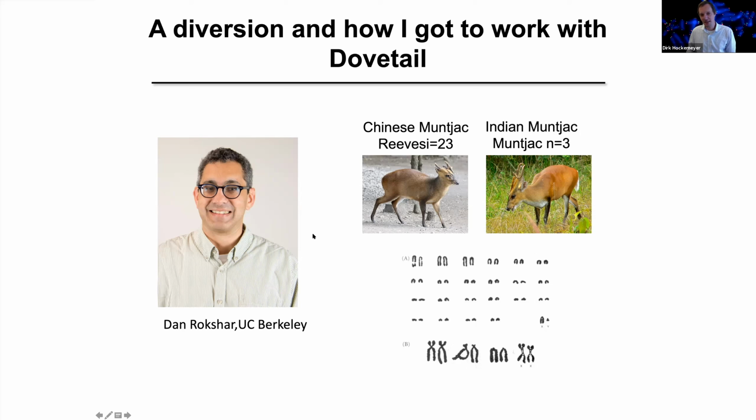So discussing this with Dan, we said, isn't this one of the best examples where we can actually study and understand how to detect telomere-telomere fusions? How do we detect the evolution of the condensation of chromosomes from an ancestor that gave rise to a species that had an N of 23 chromosomes and one that has 3? And so we decided to do that.